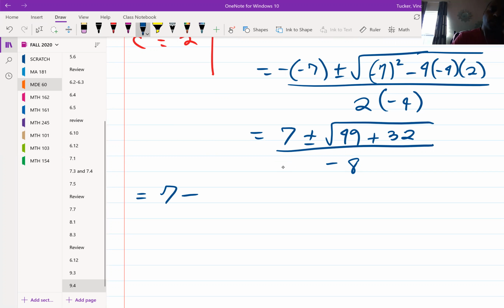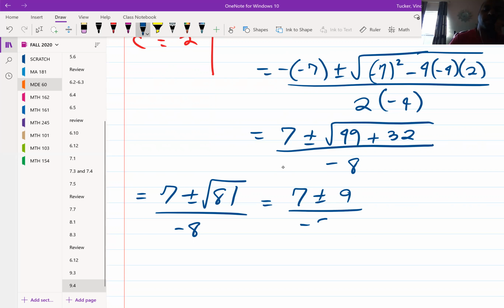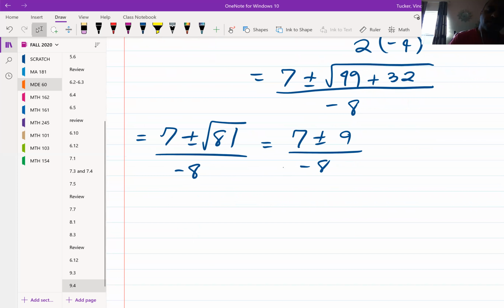That's 7 plus or minus the square root of 49 plus 32, which is 81. The square root of 81 is 9. And now, since you can add and subtract 7 and 9 from each other, you can go ahead and break that up.